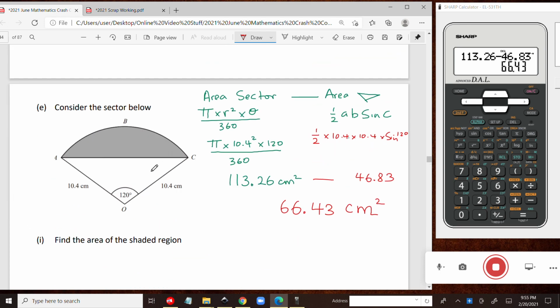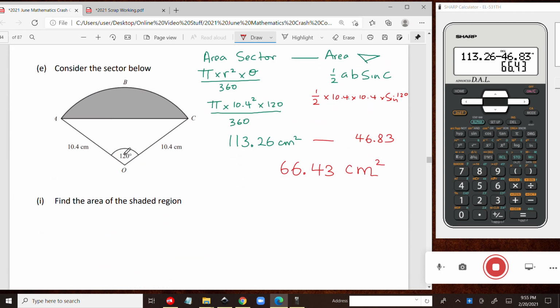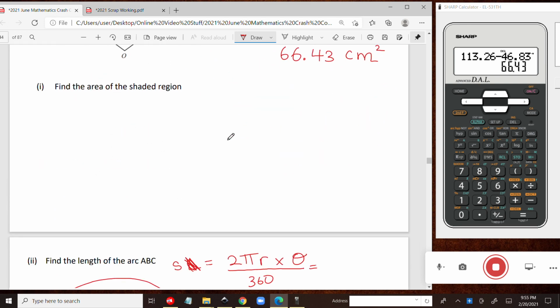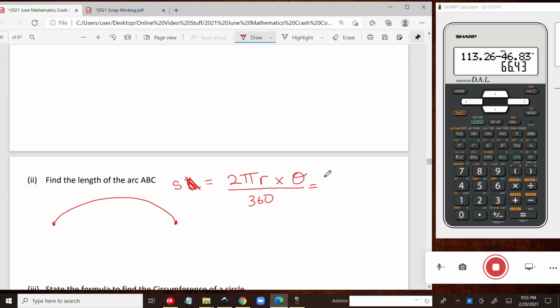So, the angle is what? 120. The radius is 10.4. So let's move back here. 2 by pi. The radius is 10.4. The angle is 120 divided by 360.